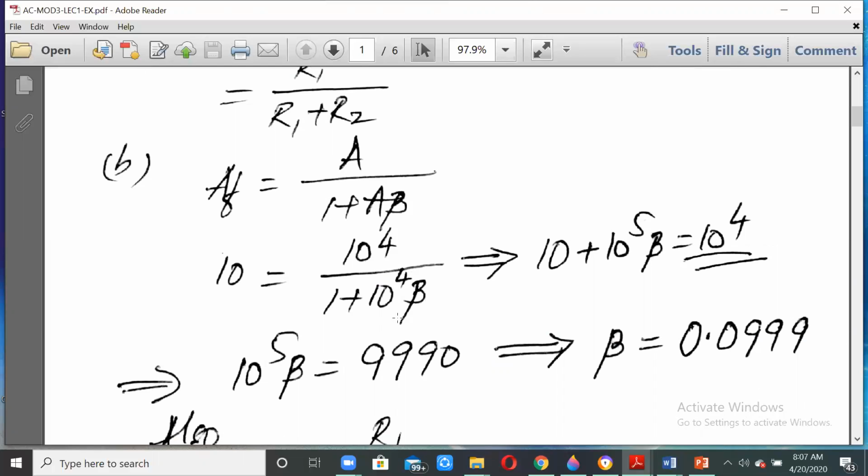Substituting, and if you cross multiply, this becomes 10 plus 10 to the power of 5 multiplied by beta equal to 10 to the power of 4. The value of 10 to the power of 5 beta is equal to 9990, and hence beta will be equal to 0.0999.